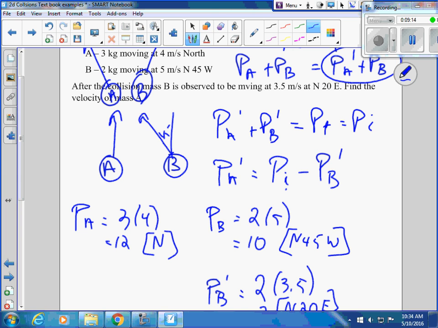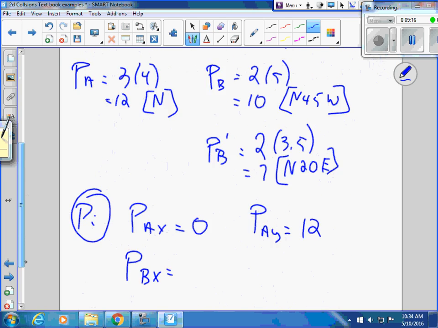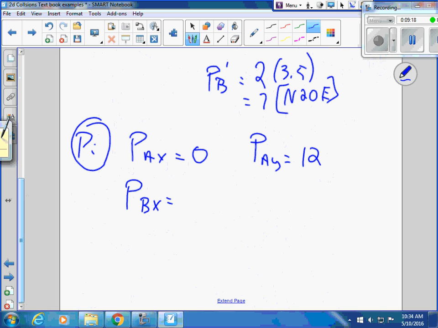Sine and cos, which works out convenient. It's 10 sine 45. It's probably going to be cos, but it doesn't matter because it's 45. They're going to be the same number, right?